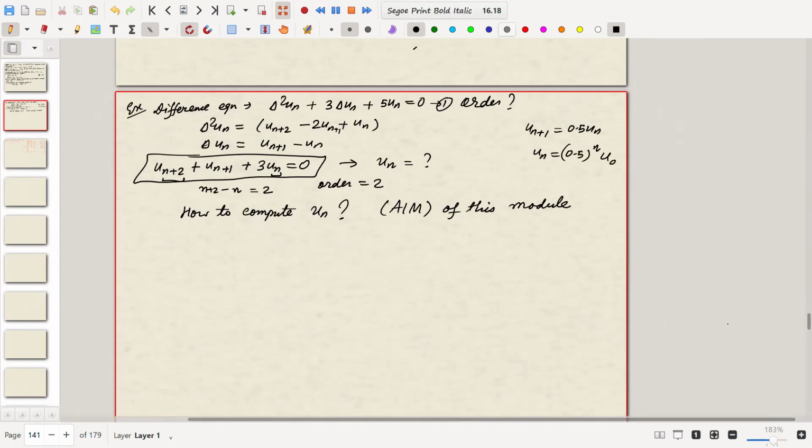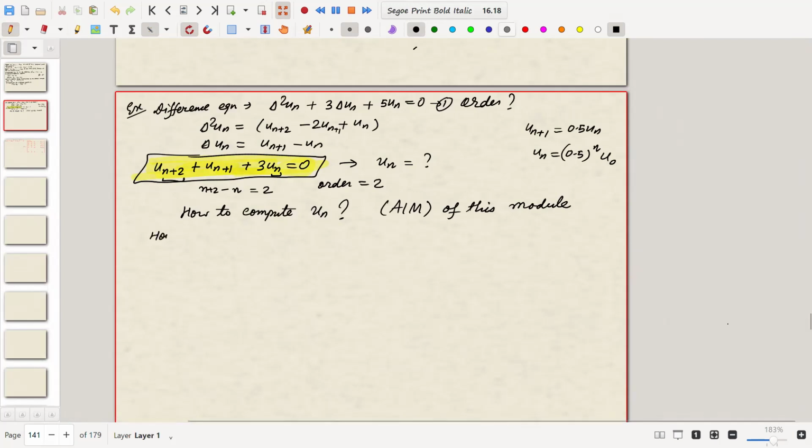Yes. So for n tends to infinity, you are able to predict everything, that it tends to zero, all the things. Now my simple question is, if I give this to you, how will you be able to solve it? That is my question. Seeing this, can you tell me the behavior of un?